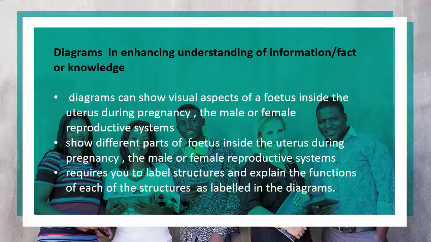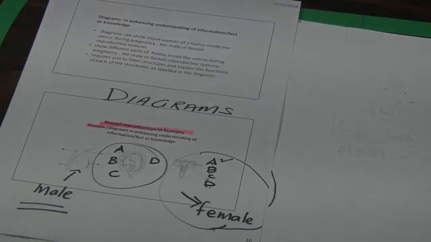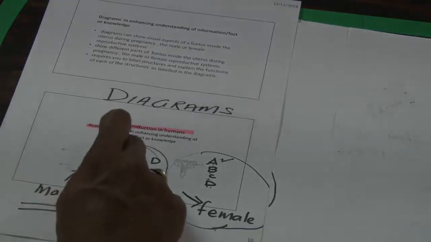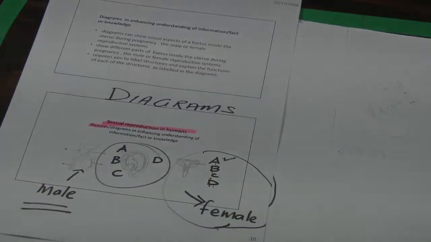Okay, I've mentioned the issues around diagrams because we usually use them to enhance your understanding, as well as testing your knowledge around these diagrams. So it is not just a question of giving you a diagram and wanting you to label it, but it is also important that you know what these diagrams actually show and what they mean.